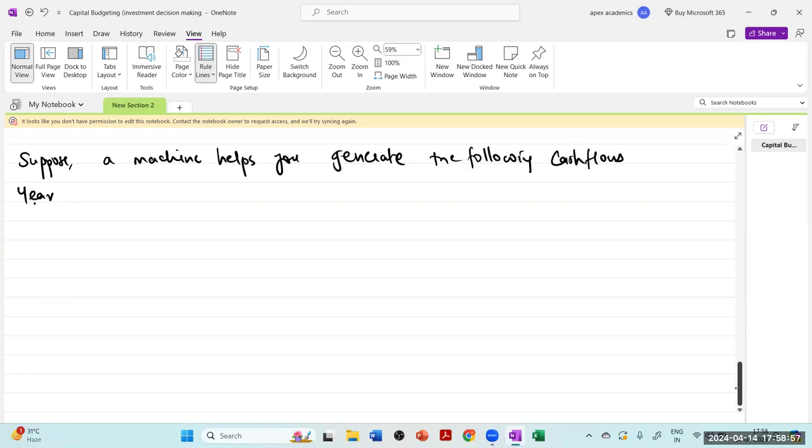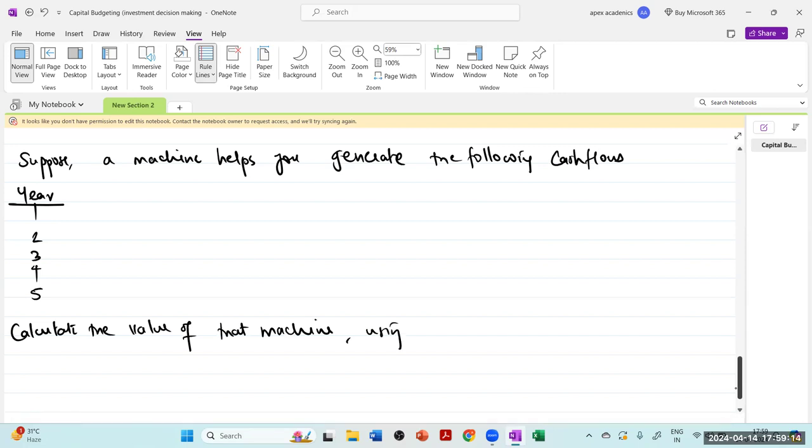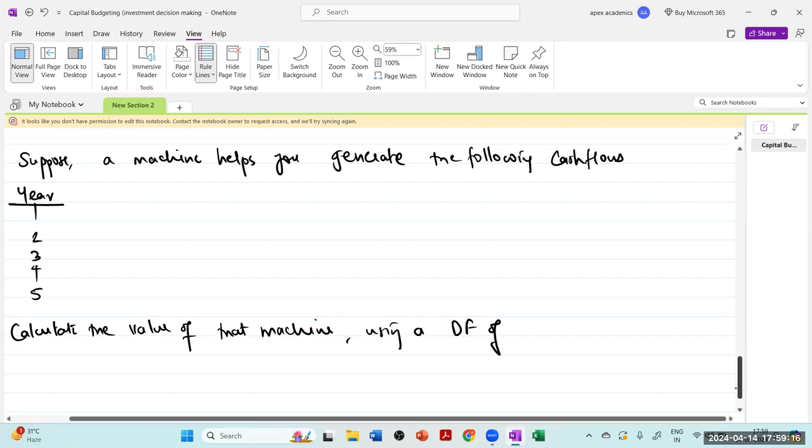Year 1, 2, 3, 4 and 5. Calculate the value of that machine using a discounting factor of 14% per annum compounded annually.